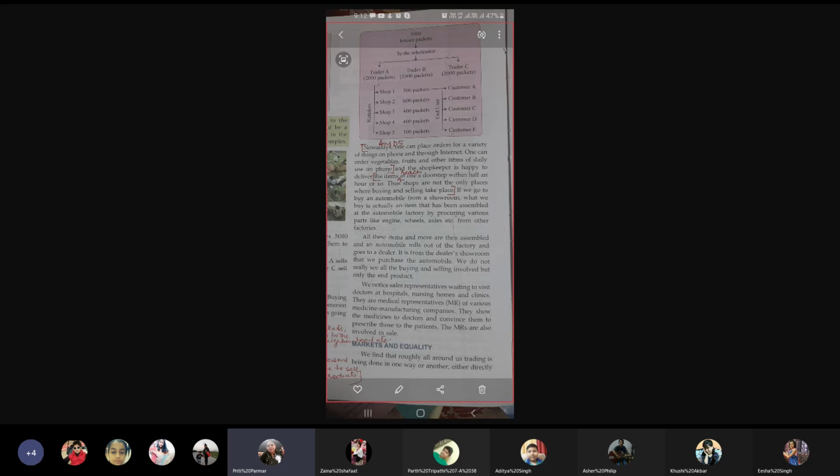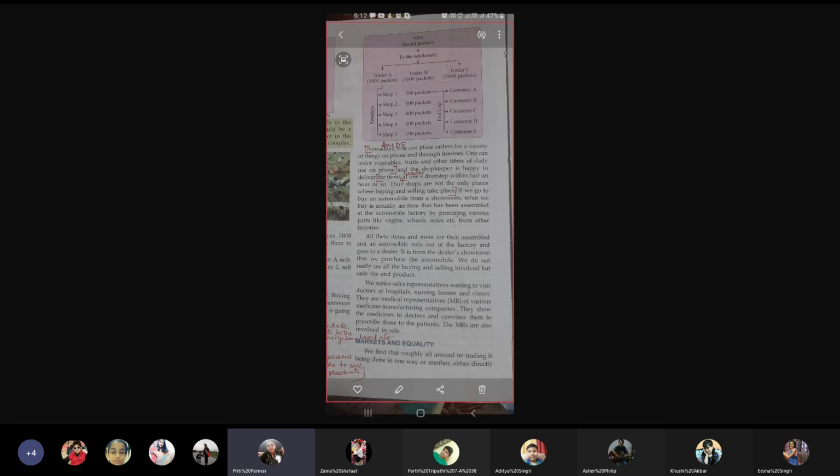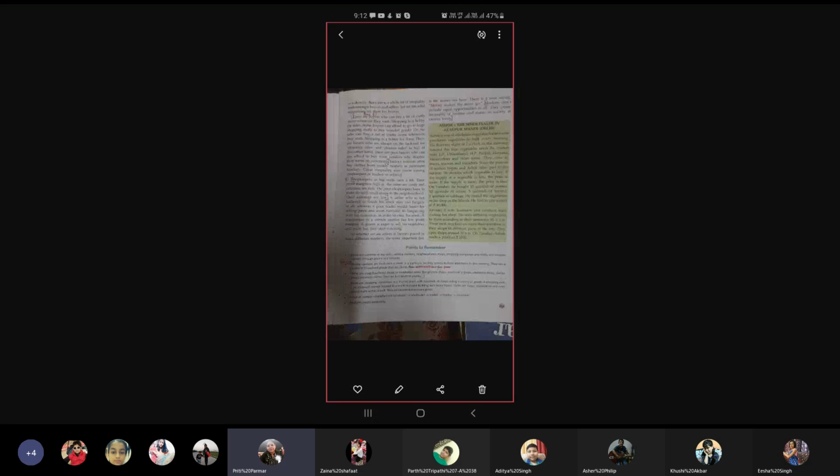Now, we find that all around us, trading is being done in one way or another, either directly or indirectly, through the internet or through phone calls. Okay, but there is a whole lot of inequality both amongst the buyers and sellers.